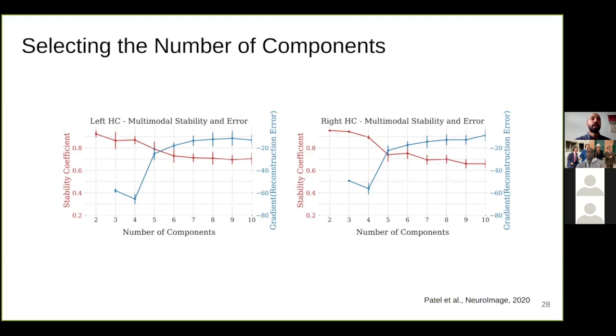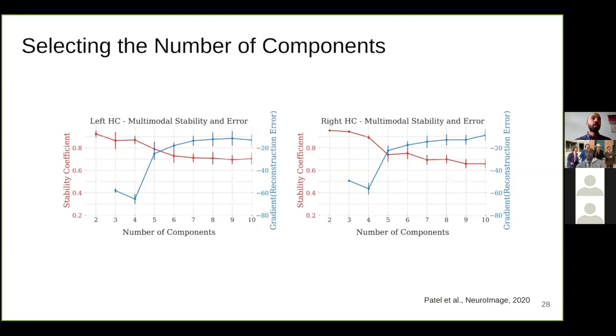And so I used a combination of this to select number of components as shown in these plots for both the left and right hippocampus. In blue, you see a line that corresponds to the change in reconstruction error. So the blue point at 3 represents the change in the reconstruction error when moving from 2 to 3 components, and so on for each of 3 to 10. Meanwhile, the red line represents a spatial stability coefficient that I developed.